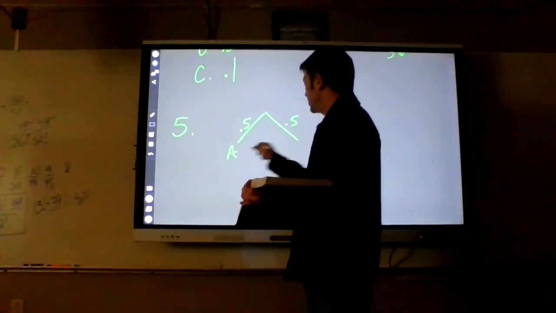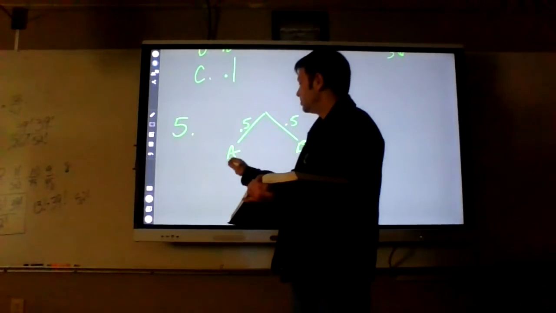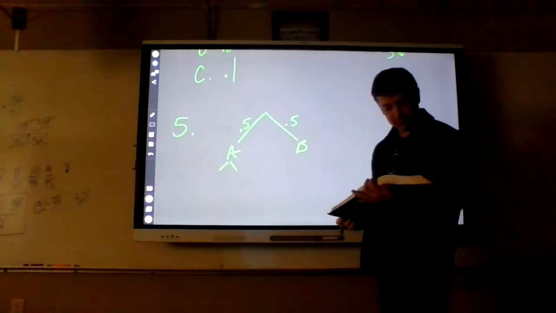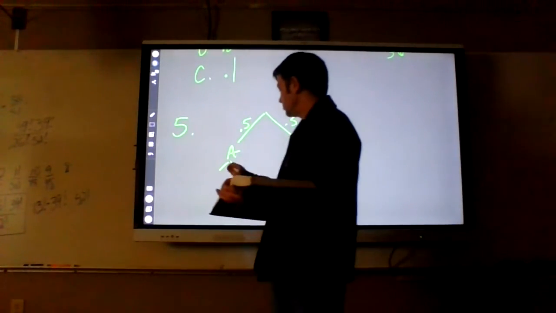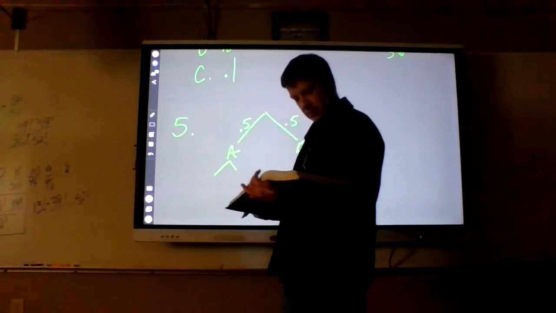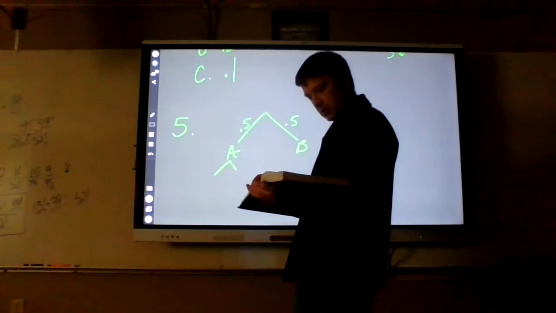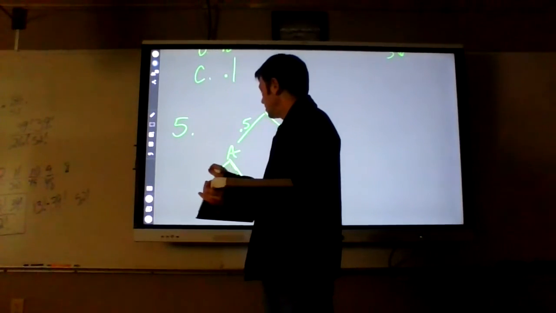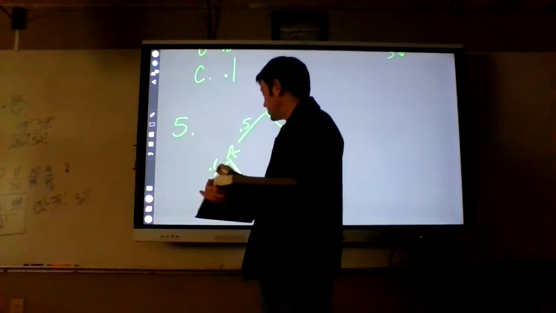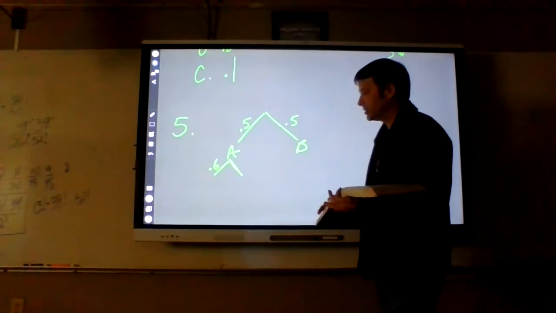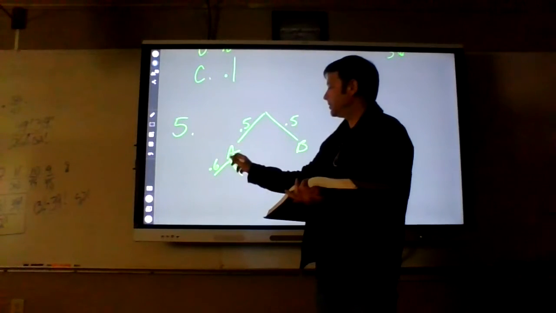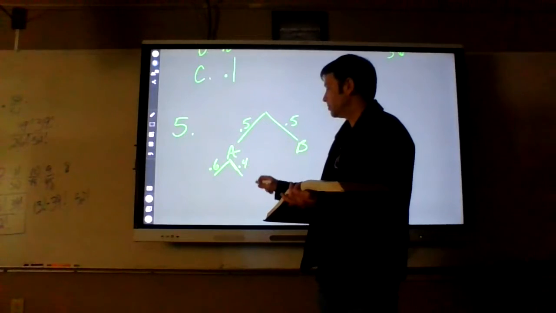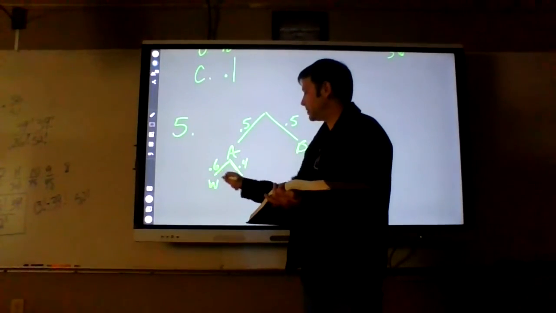So this is jar A, this is jar B. And then once we're in jar A, what's the probability that we'll get a white ball? 3/5. You guys know what that is as a decimal? I guess we could use fractions, but I'm going to stick with what they're using. 3/5 is 0.6. So if this is 0.6, what's this one got to be? 0.4. This is white and this is red, right?